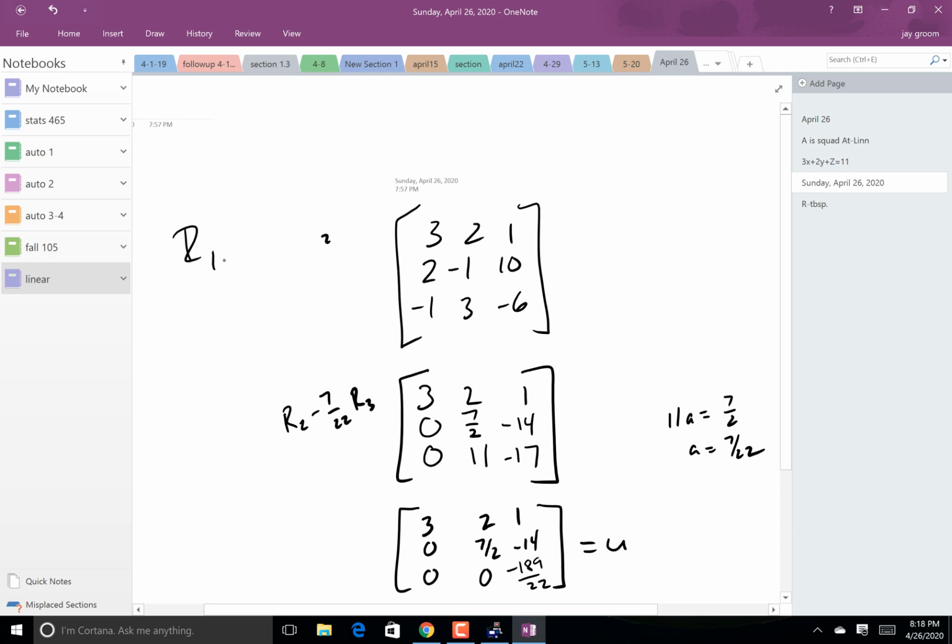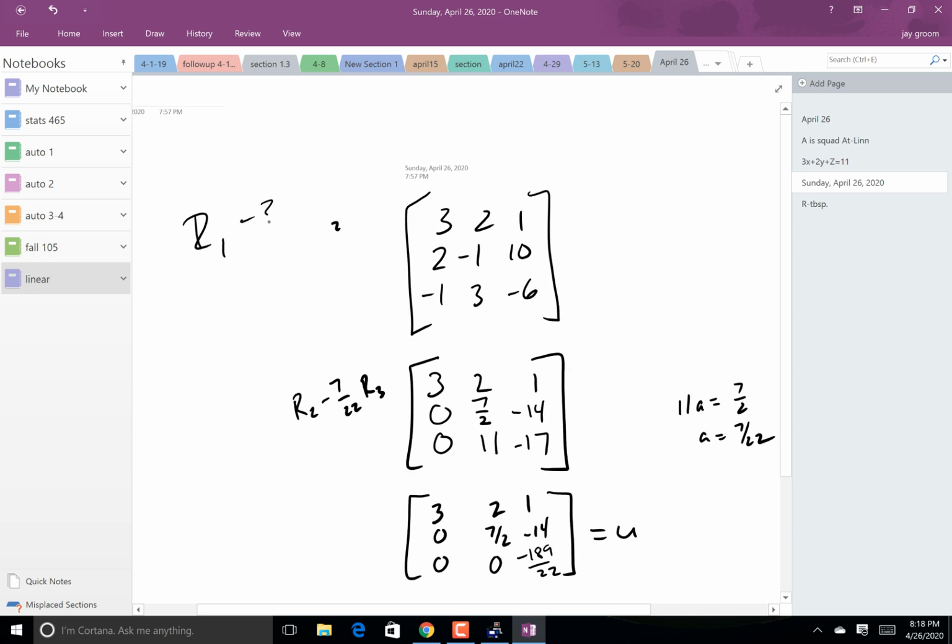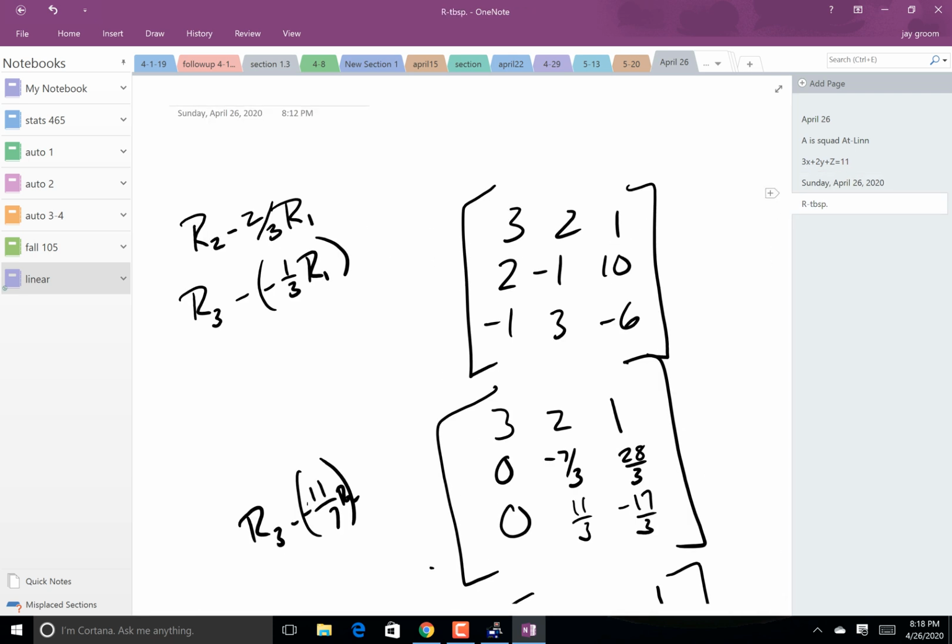You'll recall I took R1 minus 3 halves R2. Are you with me? It's got to be backwards from that. So it's always got to be the bottom one minus the one above it. Does that make sense? So in other words, R2, this guy here, minus 2/3 of the one above it to get to 0 here. Okay? So that's the only thing that's a little weird. It has to be the second one down, this one minus this one.